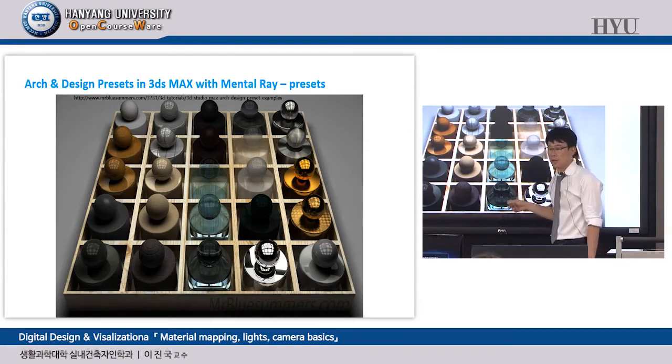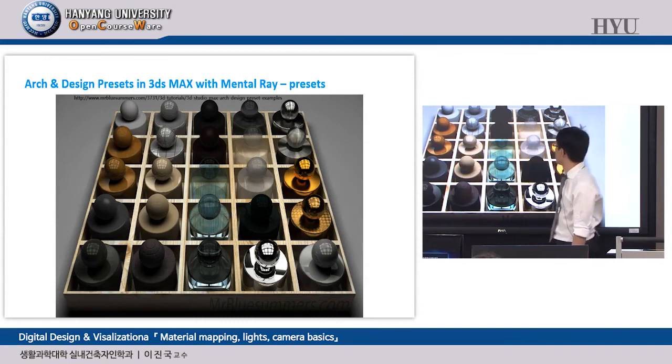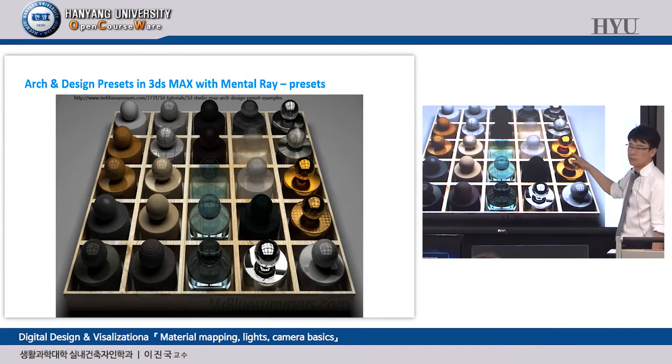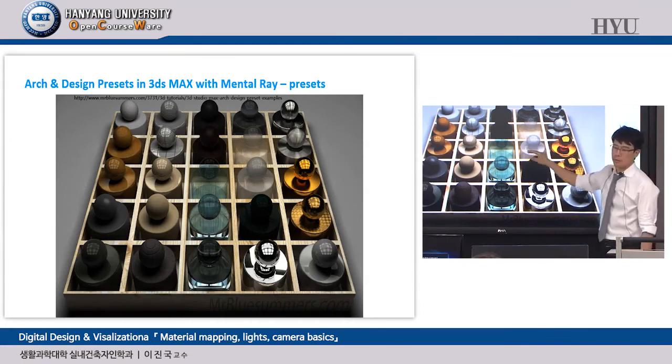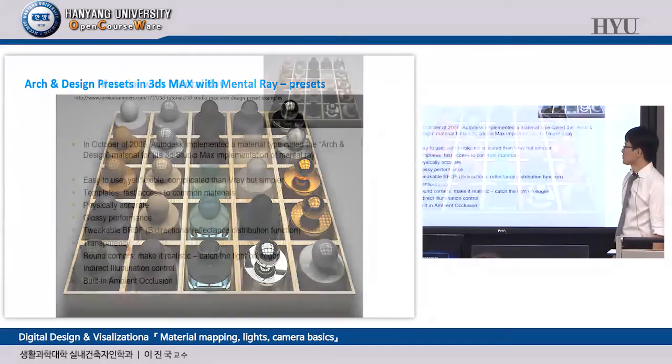Because it's solid glass. Tile, some type of wood, high glossy wood, and different reflection rates of chrome, metal, and so on. What you need to do is assign a different material, and you can get this kind of high quality render, photorealistic render, without any additional control, setup, and so on.